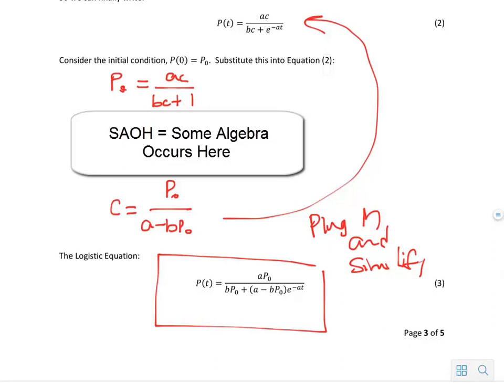I'm going to give you different things like P naught, A, and B. In some cases, I'll give you different pieces of information, but this is the model equation you have to work with to be able to solve the logistic model word problems.